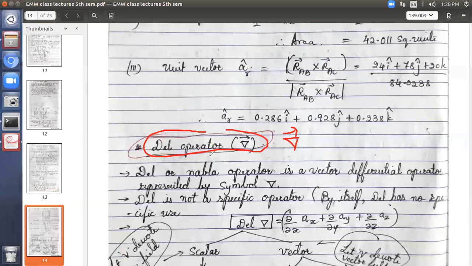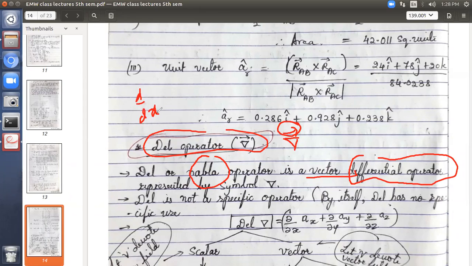So del, or the symbol is called nabla. Nabla operator, it is a vector, of course. The sign indicates it's a vector, and it is a differential operator. Differential means you should have this d by dx form.